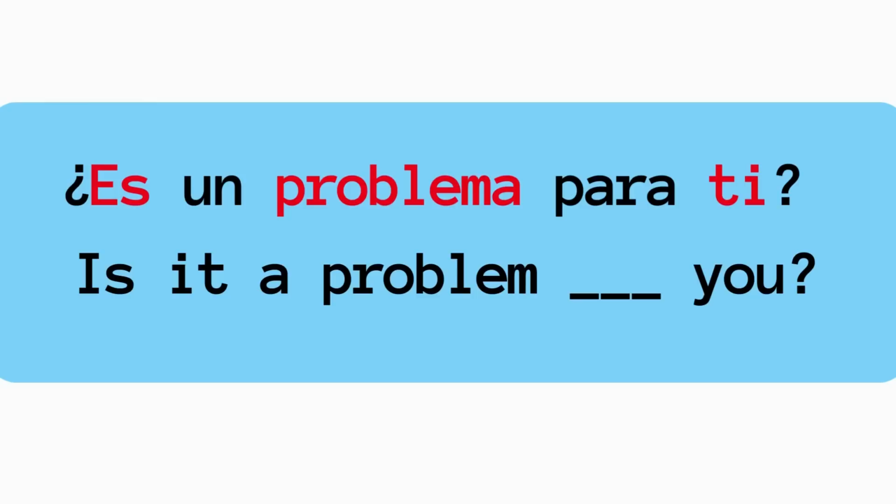And the English gap that's missing, is it a problem for you? Para ti, for you. And by the way, you might be thinking, this is quite easy, but it's supposed to be. It's a technique called errorless learning, and it works because we don't want to make mistakes at this stage. What we want is exposure, and plenty of it, and opportunities to retrieve what you're learning.